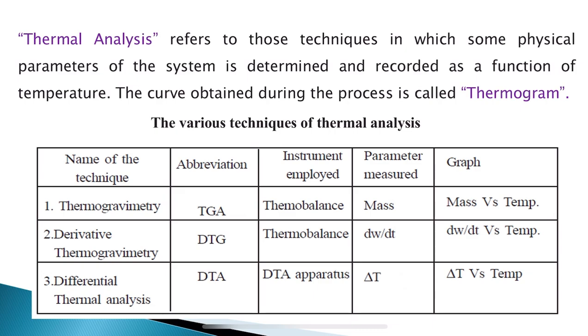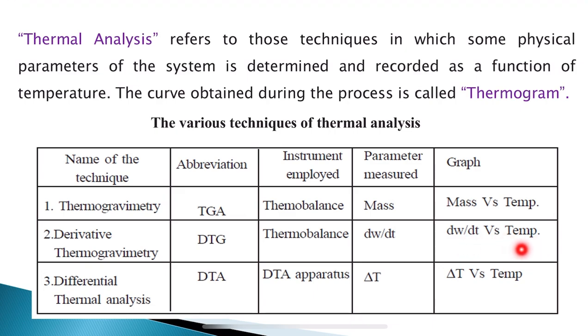How do we plot the graphs? For thermogravimetry, we are going to plot the graph as mass versus temperature. That means the temperature is taken on the x axis and mass is taken on the y axis. In the same way, in DTG we are going to plot the graph of the derivative form of weight as a function of temperature, that is dW divided by dt versus temperature.